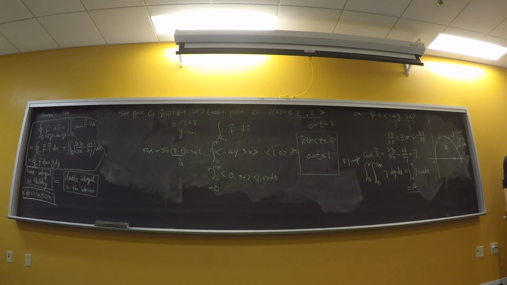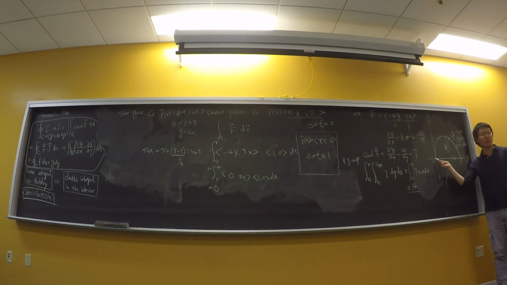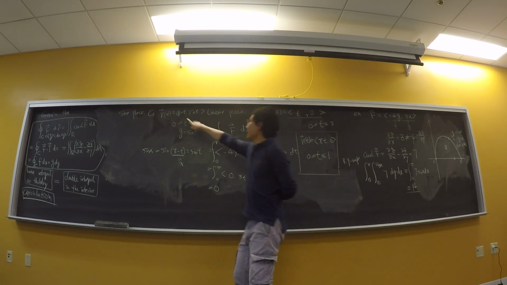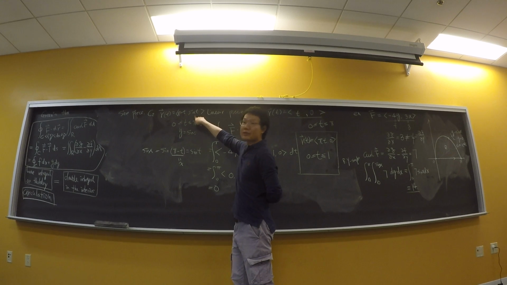So essentially, by introducing those parametric equations and that range of t, I will be able to parameterize this part of the boundary where the initial time is 0, where x is equal to pi, y is equal to 0. And the terminal point is (0, 0), which corresponds to t equals pi. You can easily check the two boundary points. When t is equal to 0, x is equal to pi, y is equal to 0.